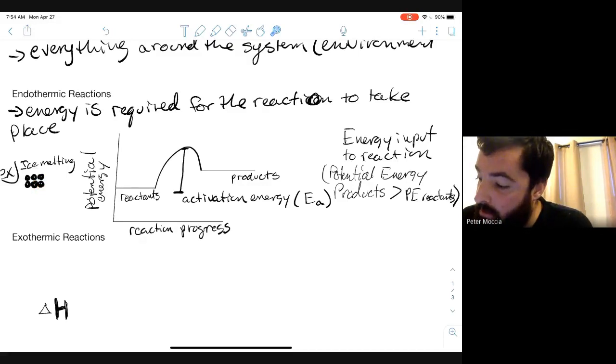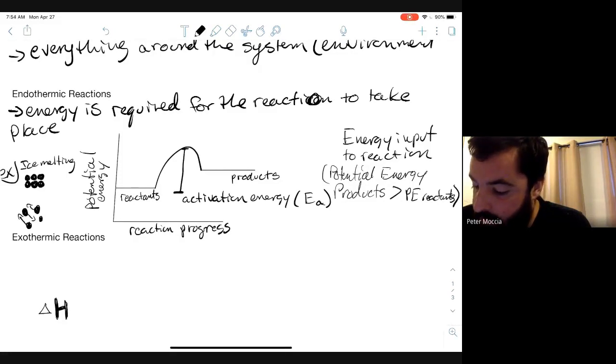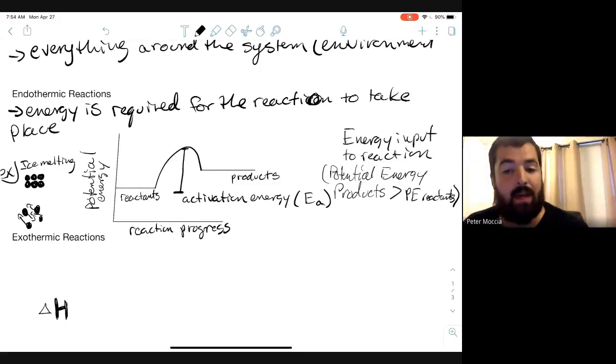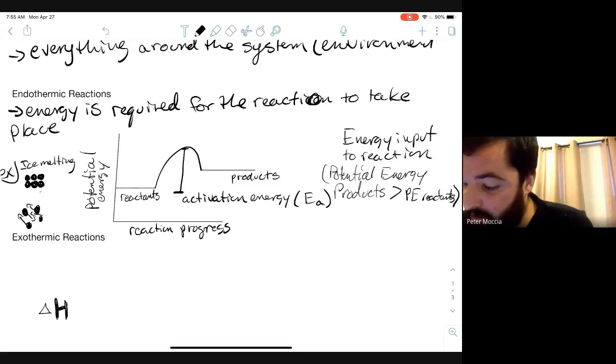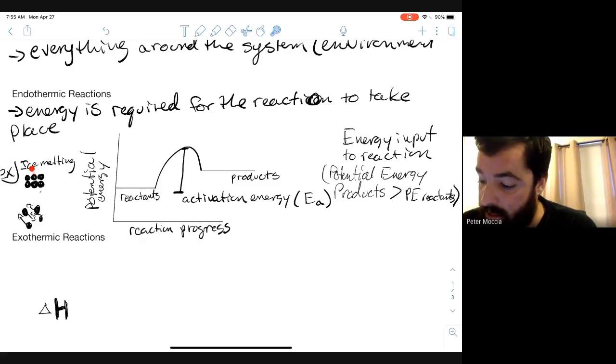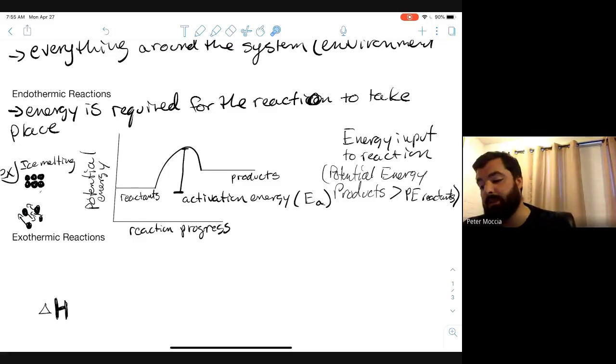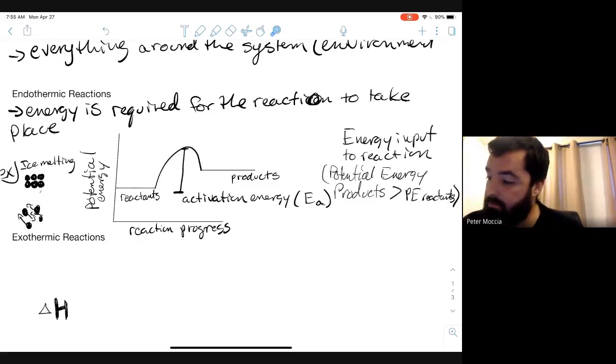When we go from solid to liquid, those intermolecular forces weaken, and the liquid sort of moves about each other. And so energy needs to be put in to weaken the intermolecular forces to go from solid to liquid. So that's an endothermic reaction there.